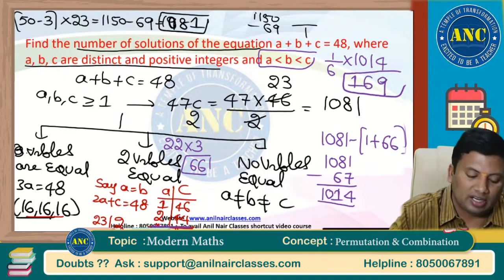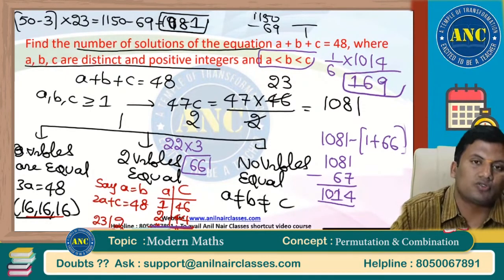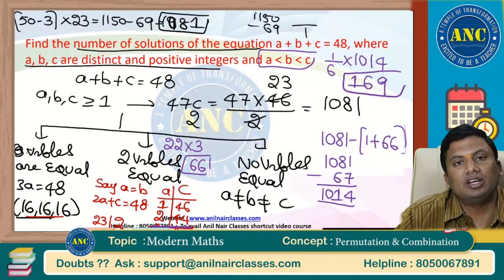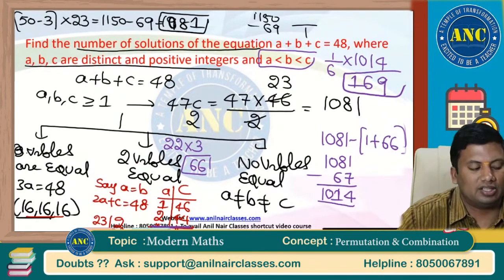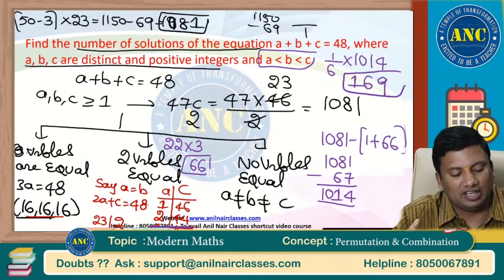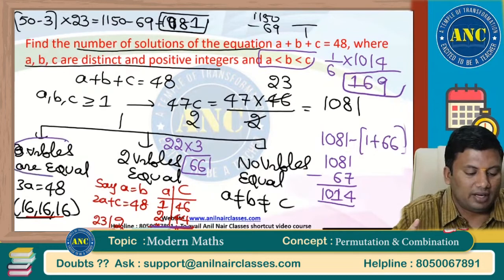I hope it is clear why, even though we got 23, I eliminated that case. If a is 16, b is 16, and c is also 16, that is a case where all 3 variables are equal.